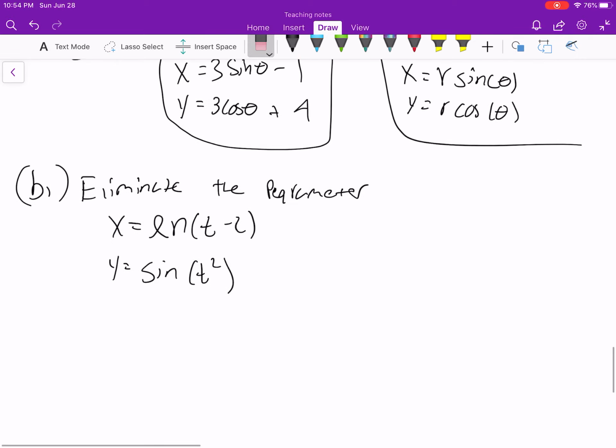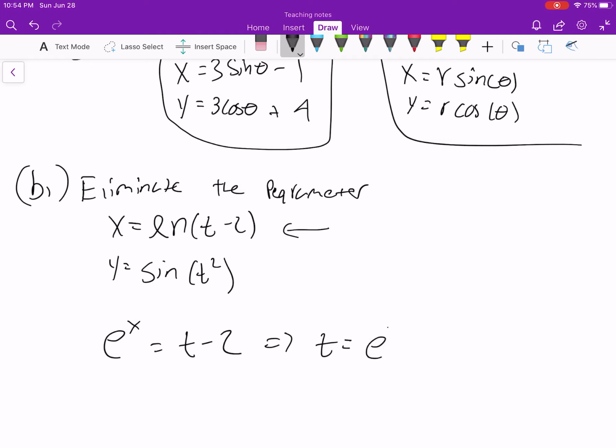The better one to invert is the top one here. So you just take both sides as exponents of an exponential. We get e to the x is equal to e to the ln of (t minus 2). e and ln cancel out, and so this tells me t is equal to e to the x plus 2.